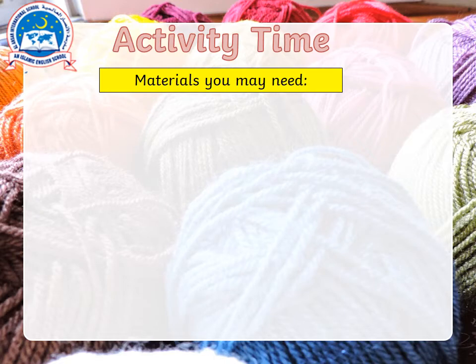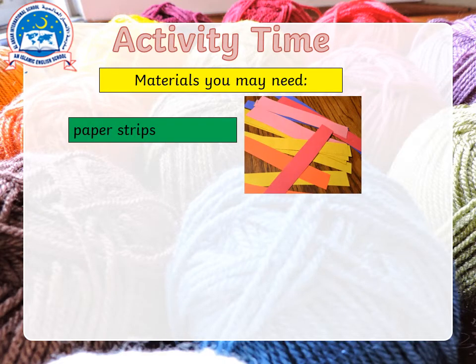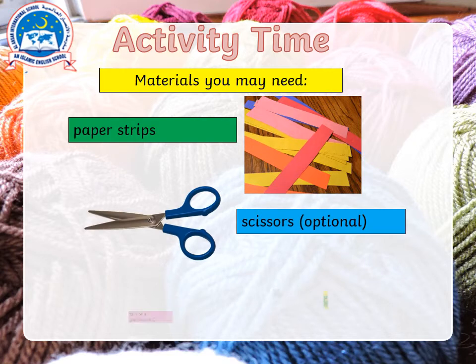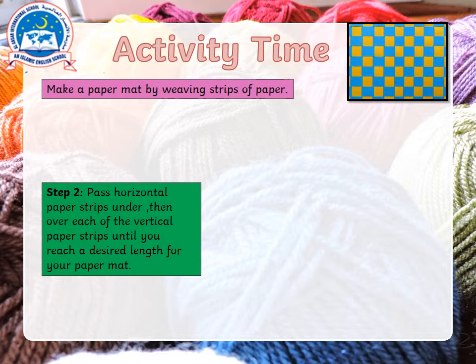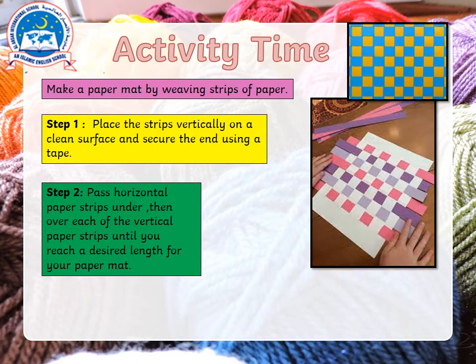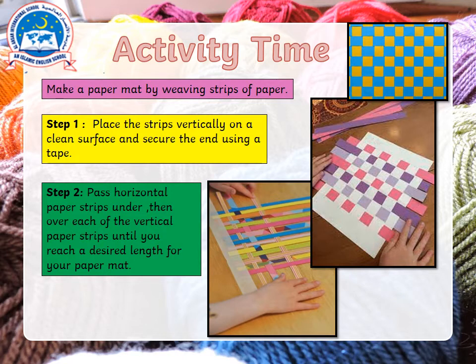Activity time. Materials you may need are paper strips, scissors, and tape or glue, which is optional. We are going to make our paper mats. Step 1. Place the strips vertically on a clean surface or a table and secure one end using tape or glue, as you can see in the last picture here.